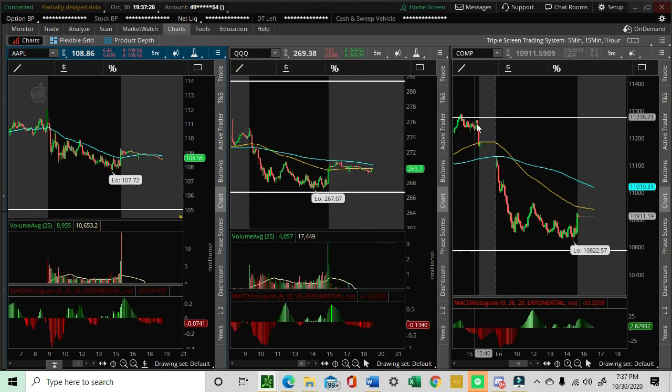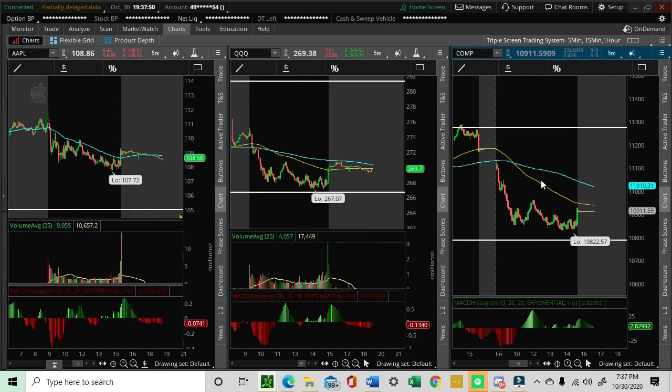QQQ had a sell-off and the composite had a sell-off. But what I would be looking at first is the composite to see what the strength of the market is. What's the overall market sentiment? What is the speculation of other investors, right? So basically, they had a bullish overview on today, sold off in the morning, sold off, and you could tell how the rest of the day went, and it mirrored each other, right?